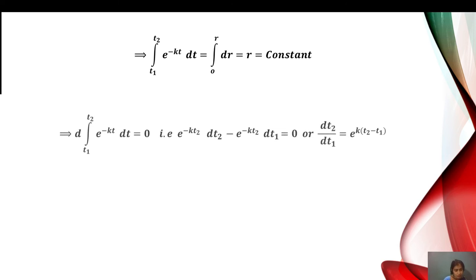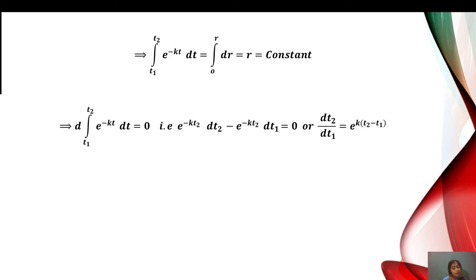Then the integral of e to the power minus kt dt from t1 to t2 equals the integral of dr from 0 to r, which is a constant. Since r is constant, the variation of the integral from t1 to t2 is 0.